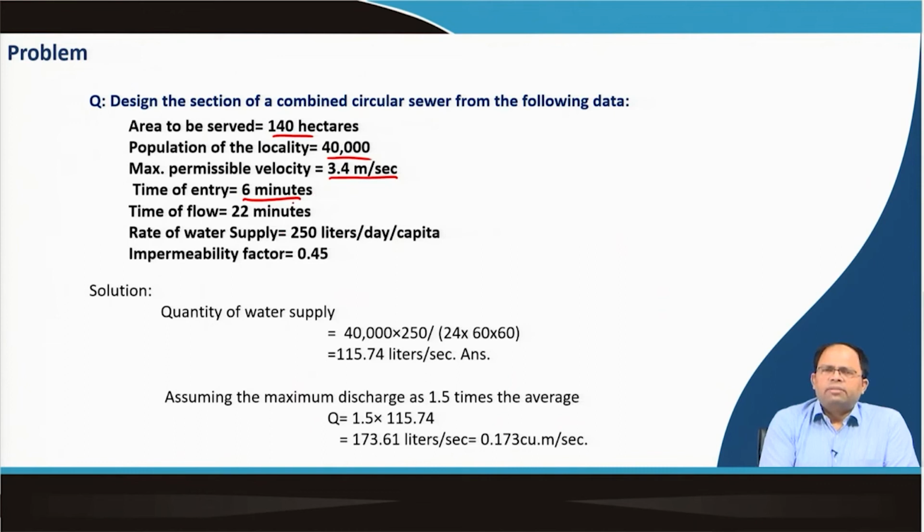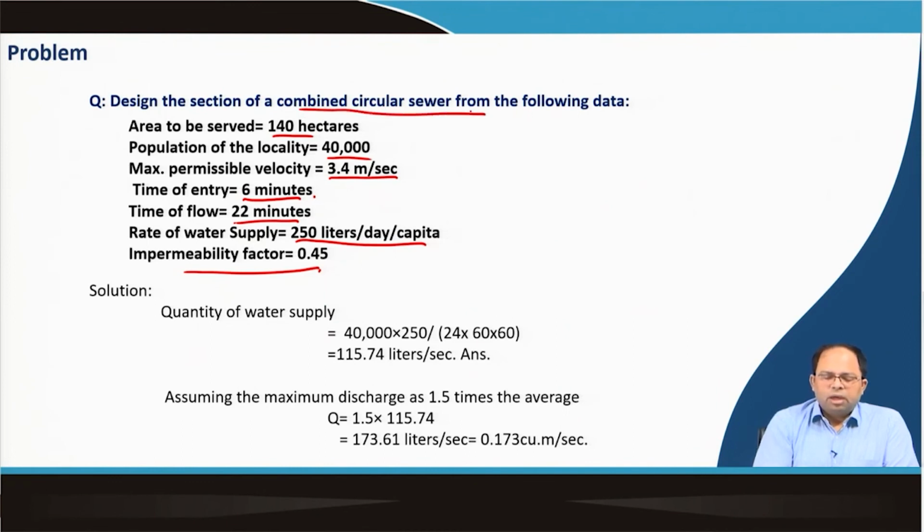There is no need to compute that; we are already giving you the value, which is the time taken by the rainfall from the furthest point to reach this inlet. Time of flow is 22 minutes within the sewer section, rate of water supply is 250 liters per day per capita, and impermeability factor is 0.45. First, we have to design the combined circular sewer.